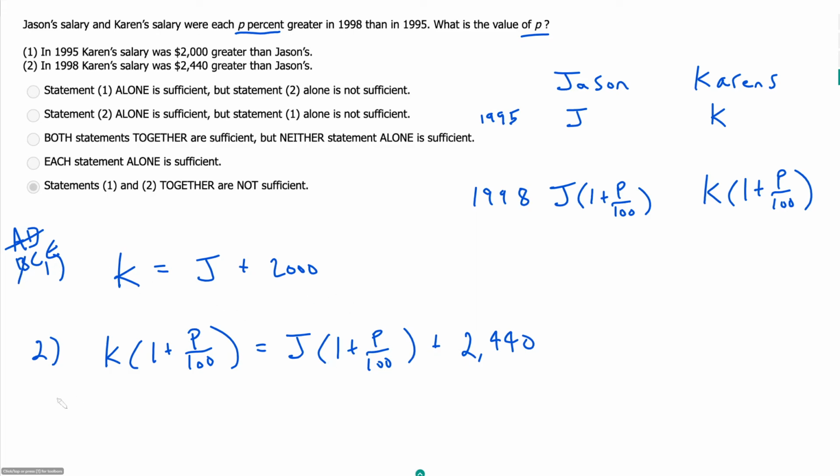Now, by itself, this will still be insufficient because we have one equation and 3 variables. And so it looks like if we're going to be able to solve for P, it will have to be together. And so here we know K is equal to J plus 2,000, and we can plug that in here.